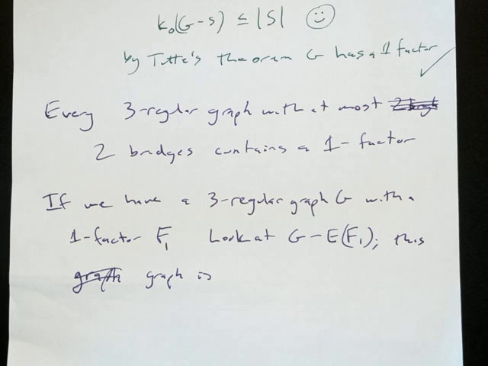The inside star and the outside pentagon. What's every degree? It's two regular. You have a perfect matching, so each vertex has an edge from A to B. I remove that one edge, and I'm left with every vertex now dropping in degree by 1.